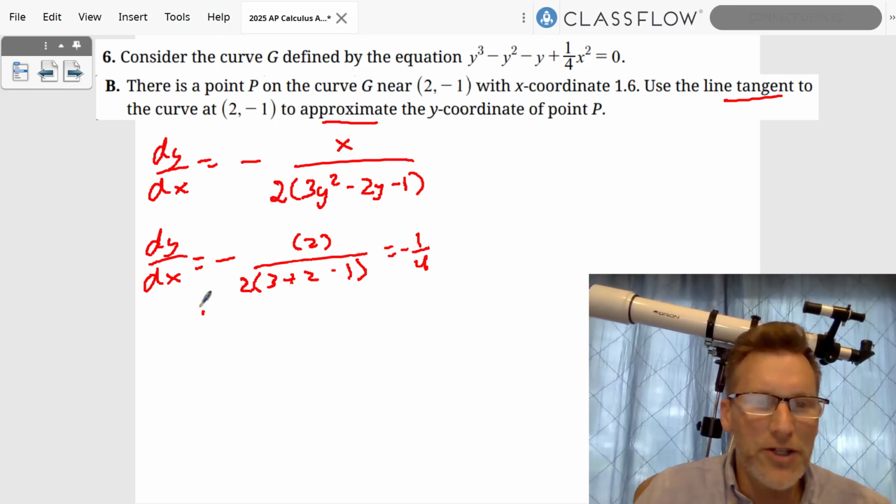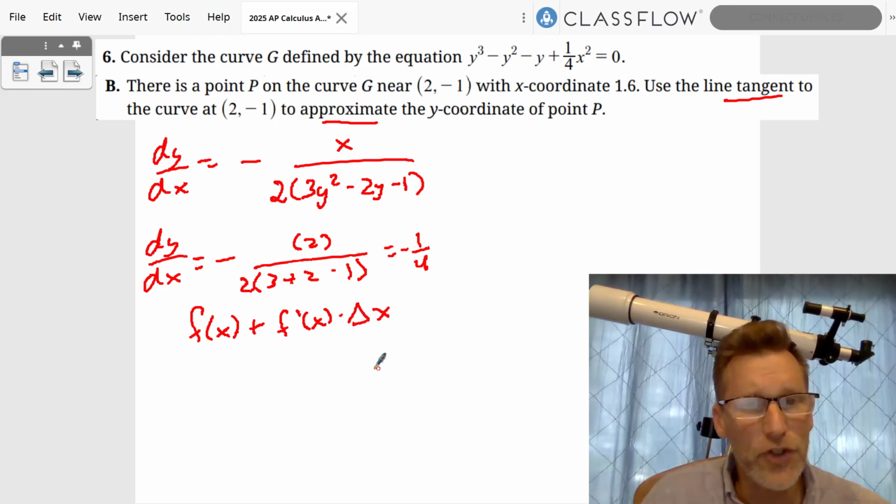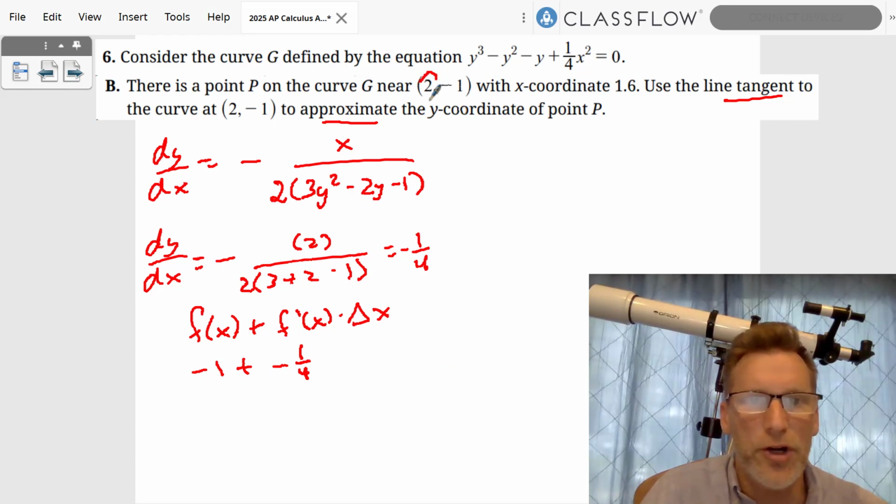We're going to do a line approximation, which means we're going to do f of x plus f prime of x times delta x to approximate. You can see at 2, we're at negative 1, so that's what my f of x is. I know what my derivative is, I just found it. It's negative 1/4. Now the tough part is what's my delta x? We start at 2.